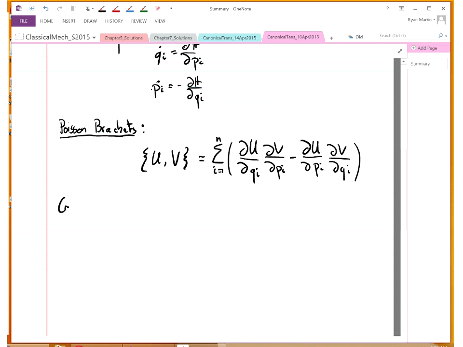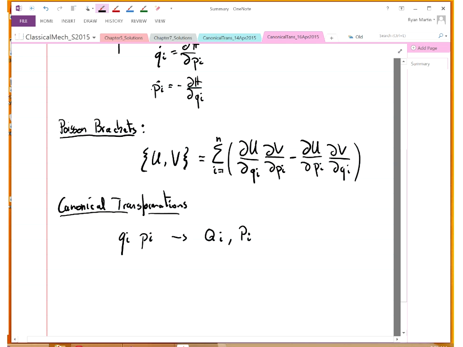On Tuesday, we looked at canonical transformations. Canonical transformations are transformations from your original set of canonical variables q_i and p_i to a new set, which we've denoted with capital Q_i and capital P_i.